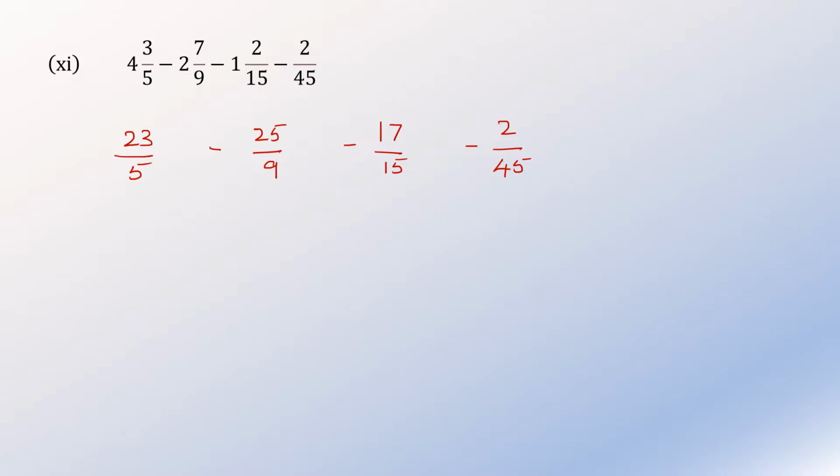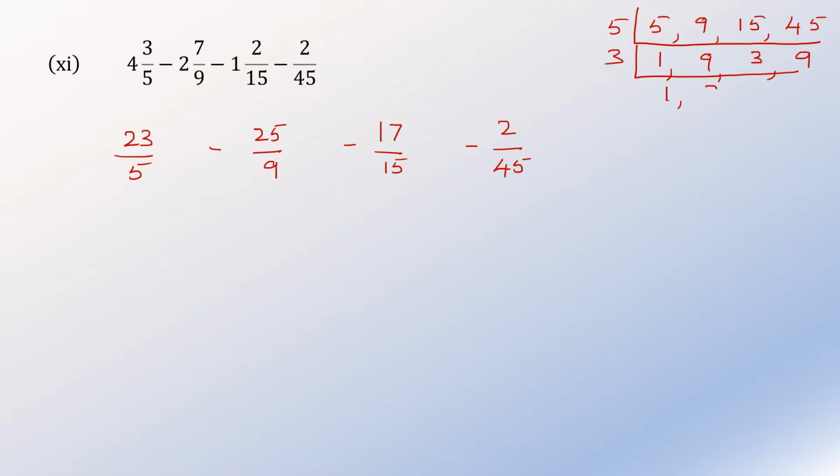Okay, so let's find the LCM of all these denominators: 5, 9, 15 and 45. Okay, we can use 5 itself. 5 ones are 5. I bring down 9. 5 threes are 15. 5 nines are 45. Now I can use 3. 1. 3 threes are 9. 1. 3 threes are 9.